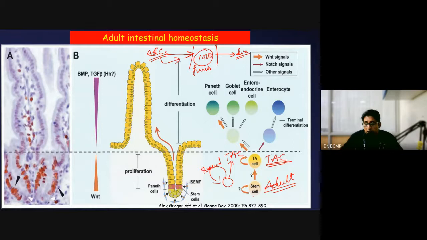We call it transit because it is between stem cells and the completely functional, differentiated cells. This transit amplifying cell will divide rapidly and then form eventually progenitors and finally completely differentiated cells. These are the cells that actually perform the functions, in this case, intestinal.